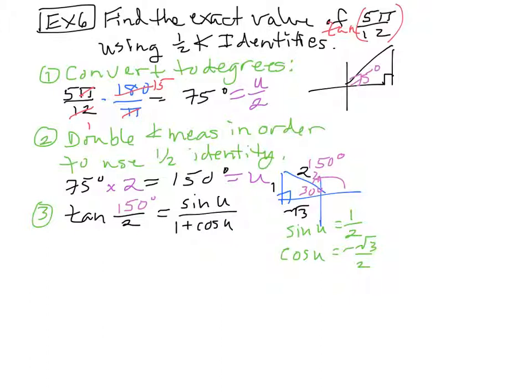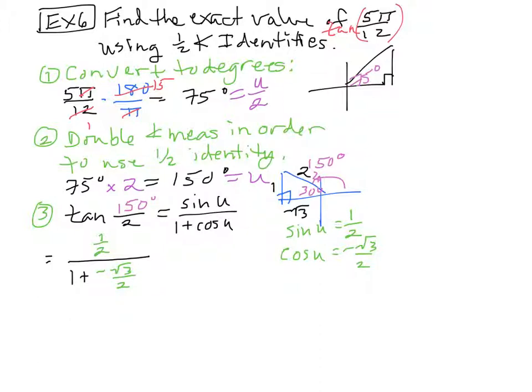So we're going to go ahead and plug in. I've got equals 1 plus, so I'm going to plug in. For sine, I'm going to put in 1/2. And for the cosine, I'm going to put in negative radical 3 over 2. And then we're just going to keep using our algebra to simplify. So I've got fractions and fractions. You want to make sure that you convert this entire denominator into one full fraction.